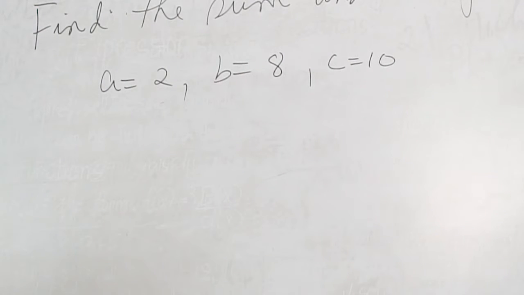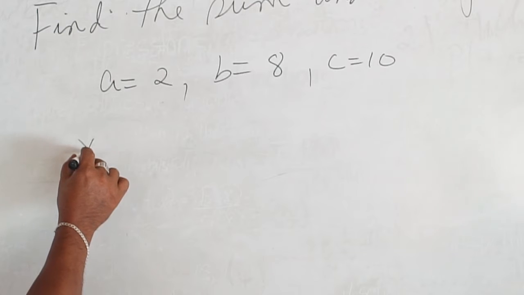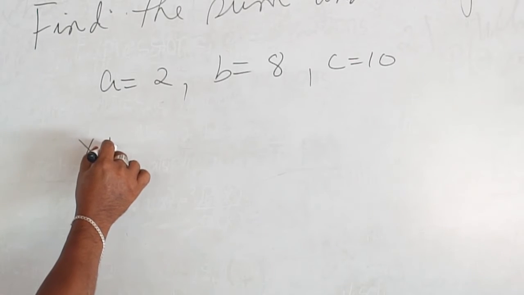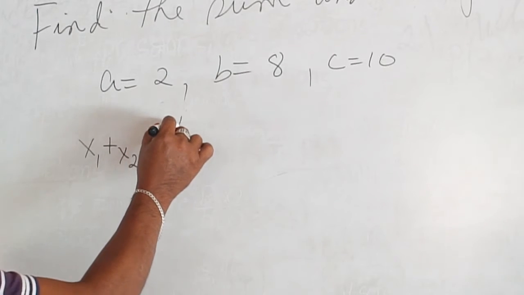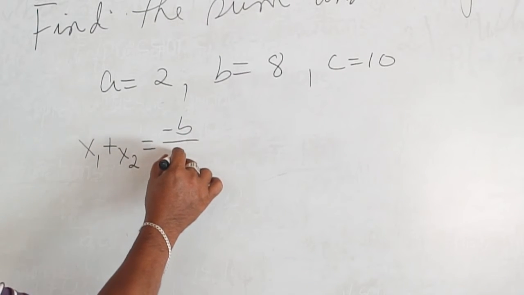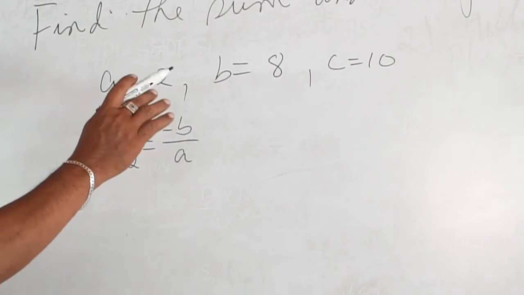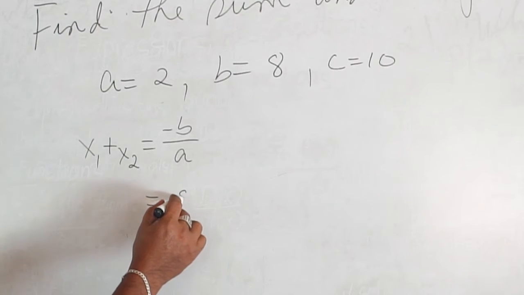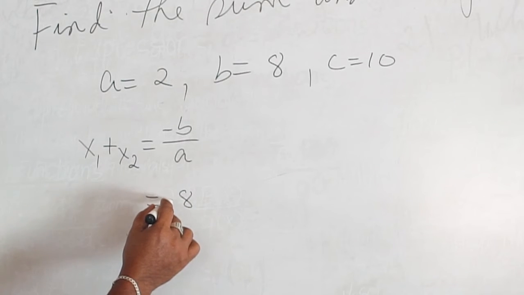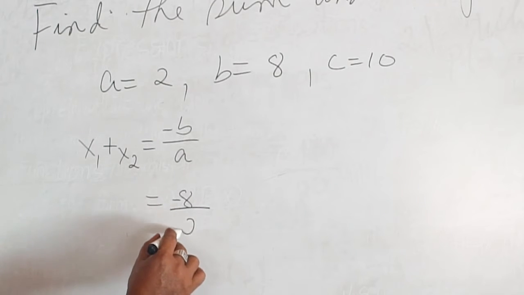Then, to find the sum of the roots, we have the formula x sub 1 plus x sub 2 is equal to negative b over a. So we have the value of b is 8, so negative 8, and the value of a is 2.